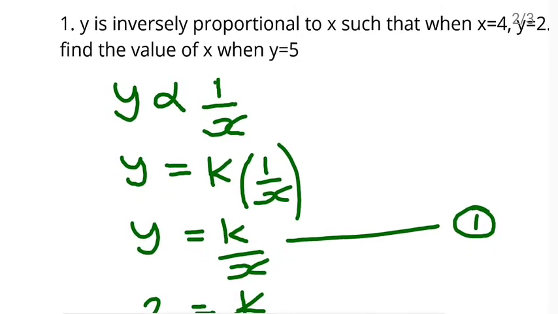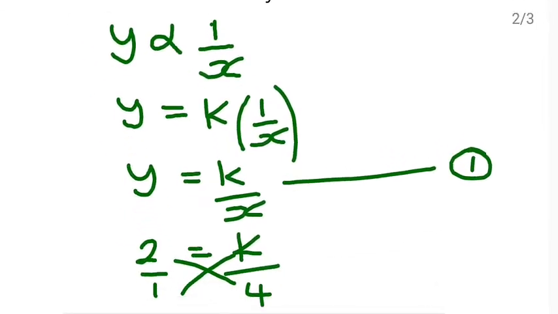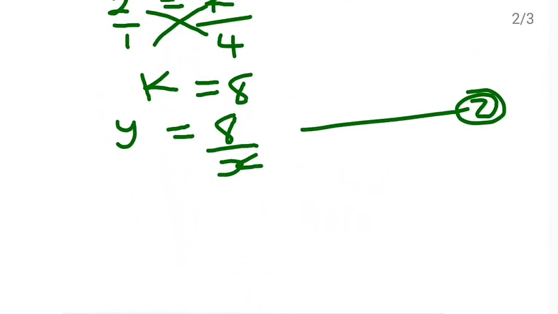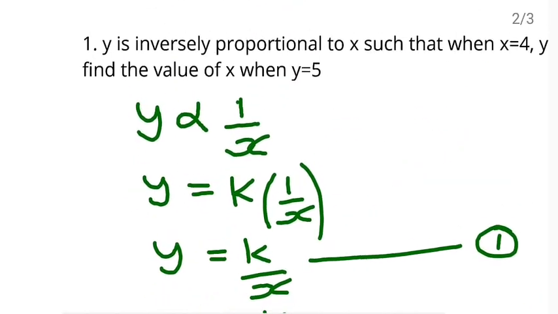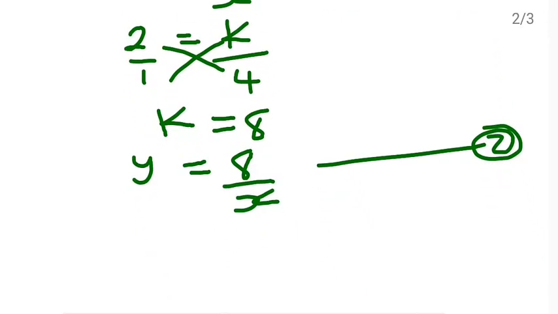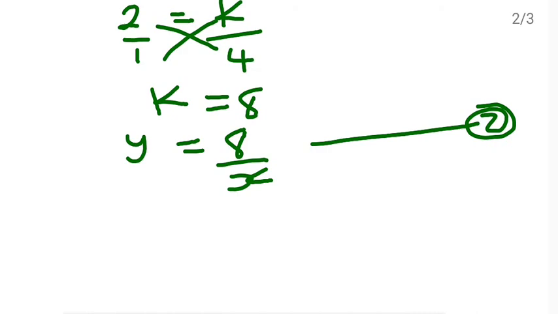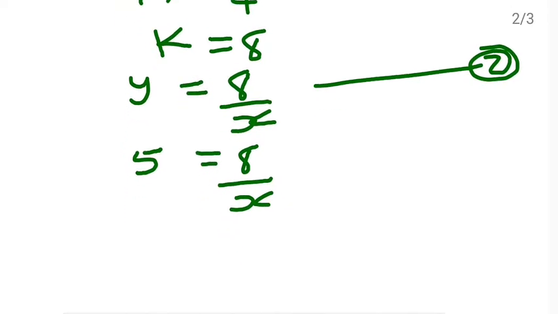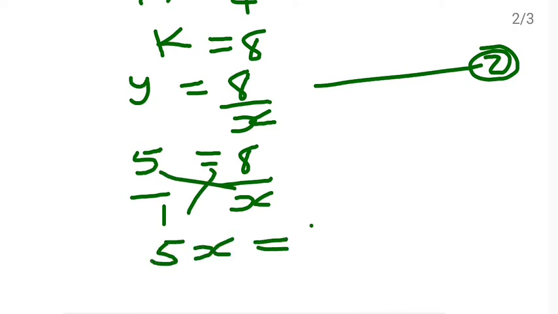The question is saying find the value of x when y equals 5. So you put the value of y as 5 so that you can get x. So this will now give us 5 equals 8 over x. You can now get your value of x by cross multiplying. So we cross multiply so that we get 5x equals 8.